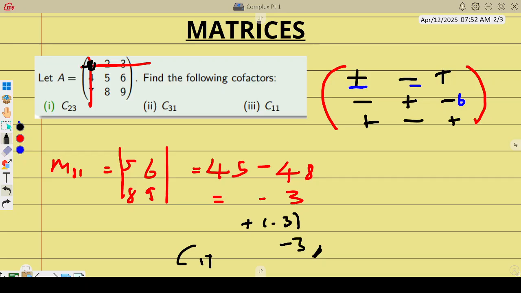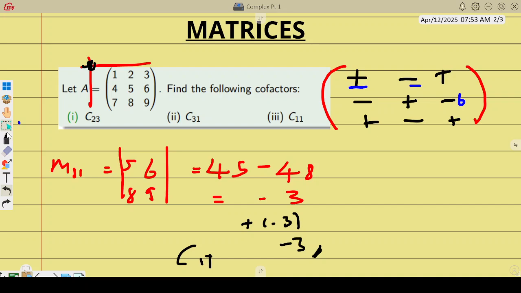Can you try one more? Okay, now it will take more time. Now we're going to the part where the reason why we're learning about minors and cofactors is because they are used to evaluate determinants.